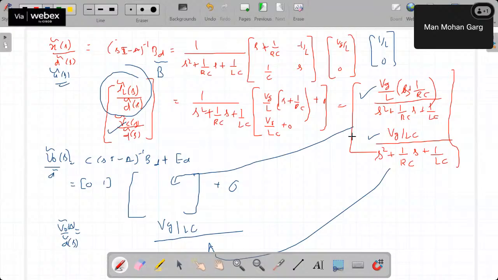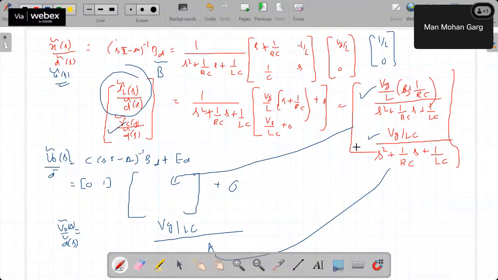Why is it coming? Because we have taken the ideal capacitor. That's why the voltage across the capacitor and the voltage across the load are both the same. But if we had considered the ESR, then what could have happened? The effect of RC would be there. Then these two transfer functions will definitely be different.